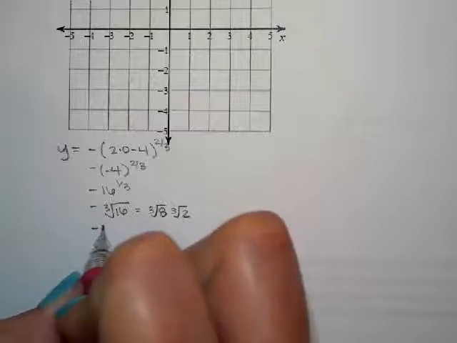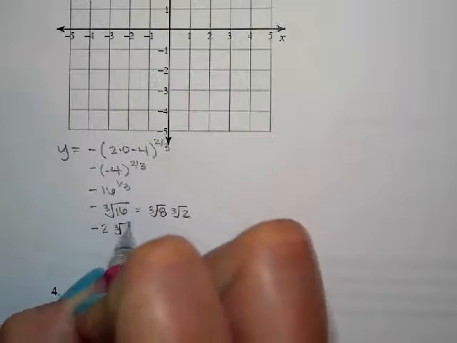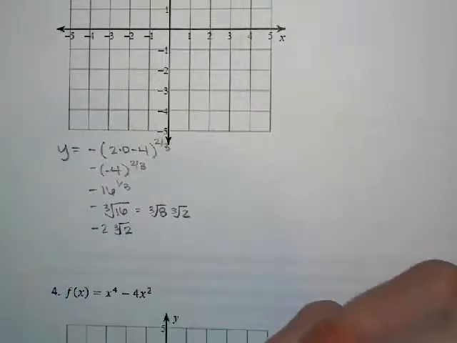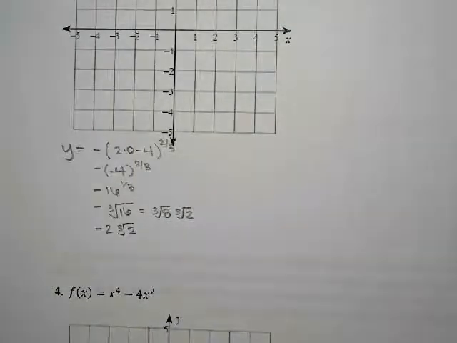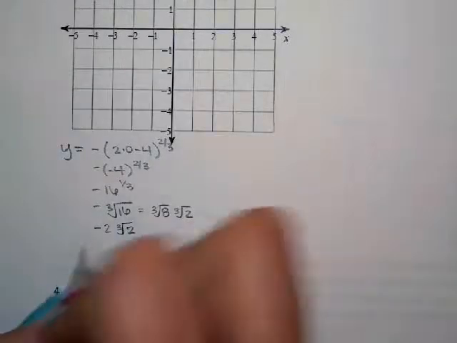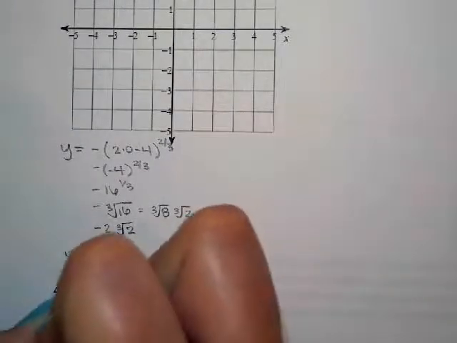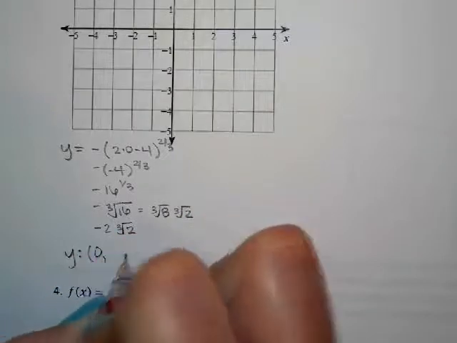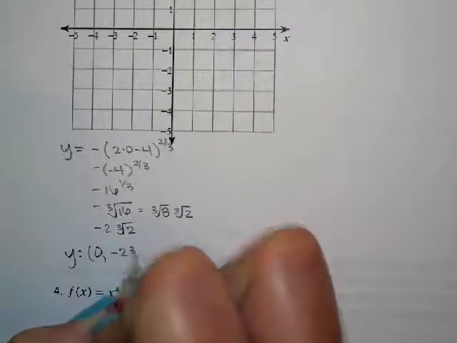So this is negative 2 cube root 2. Don't know how I'm going to graph that just yet, but we found it. So that's cool. So I've got my y-intercept is 0, negative 2 cube root 2.